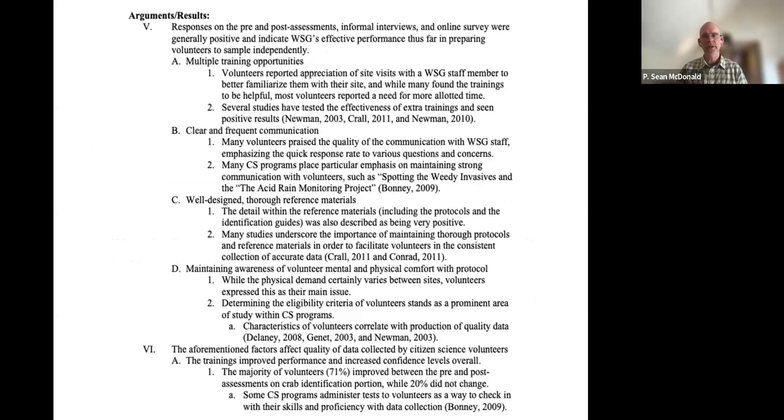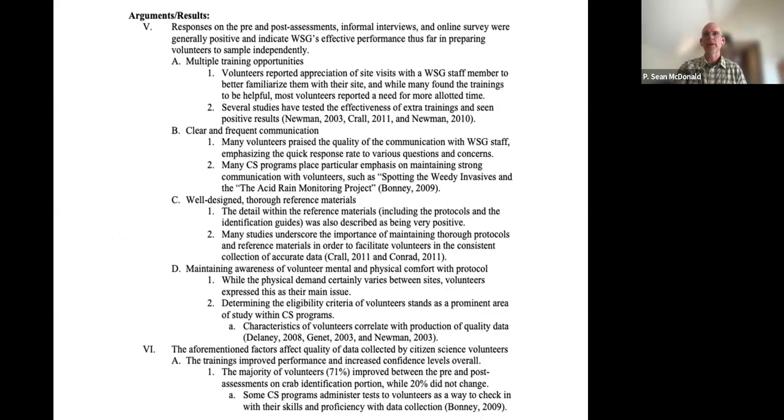All right, so this is again just a screenshot of one of the examples that I provided. In this case, this person talks about, from interviews and surveys and literature, some of the key factors that impact, well, going back to their question, the factors that impact volunteer experience.